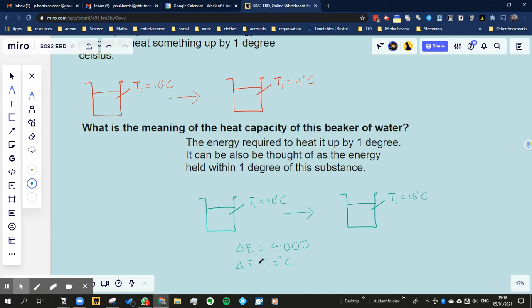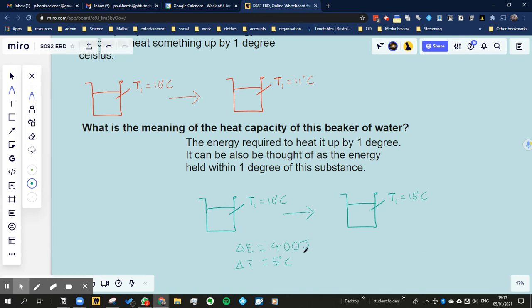The heat capacity is the amount of energy to increase by 1 degree. If it took 400 joules to heat it up by 5 degrees, how much energy would it need to heat it up by 1 degree? I'll explain how you would do this.